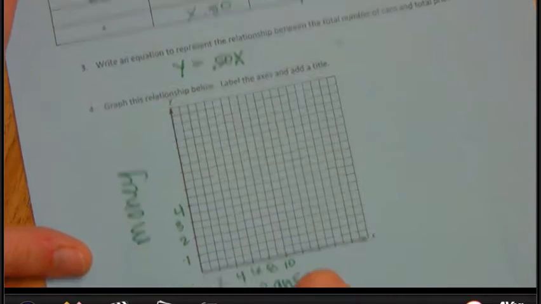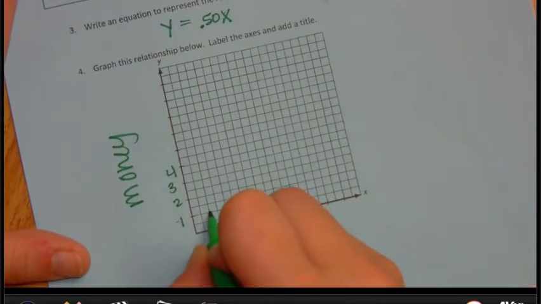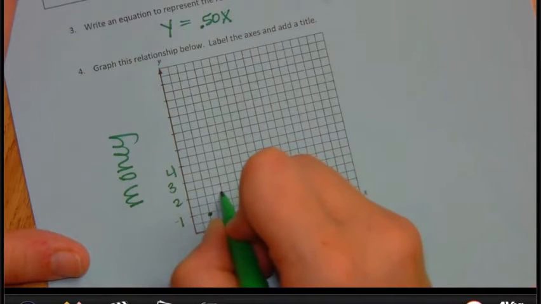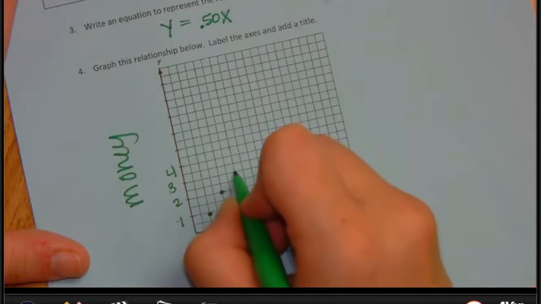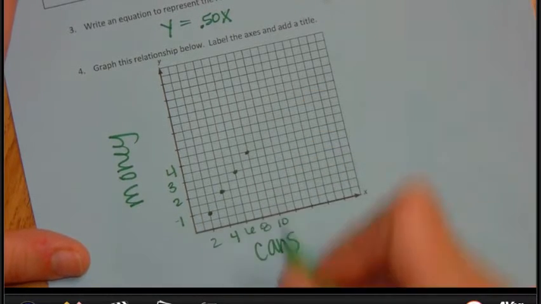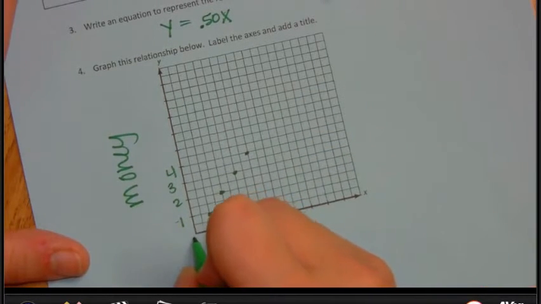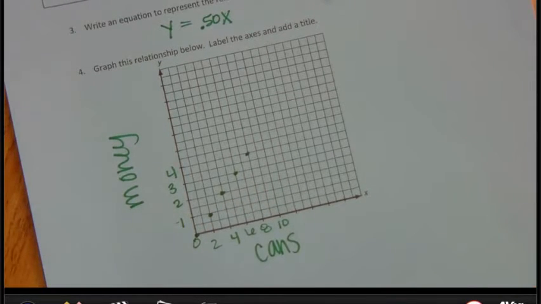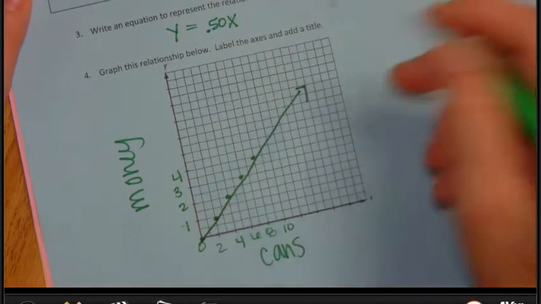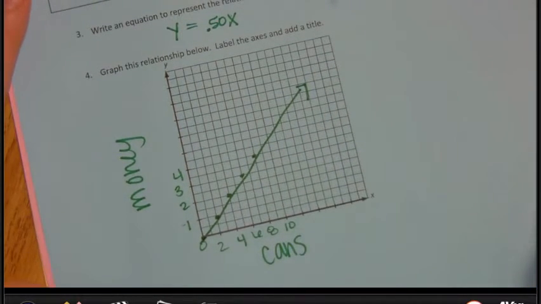If I double from one can to two cans, I'm going to have $1. If I double from 2 to 4, I'm going to double 1 to 2. For 6 cans, it's 3. For 8 cans, it's 4, and so on. And if I have 0 cans, did I spend any money? Well, the answer is no. So I'm going to take my dots here, and I'm going to create a straight line.